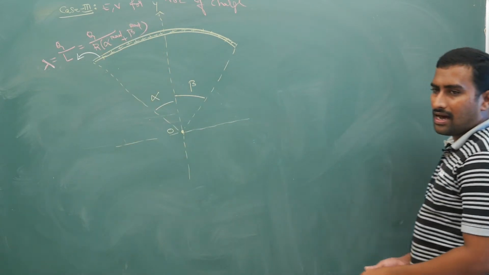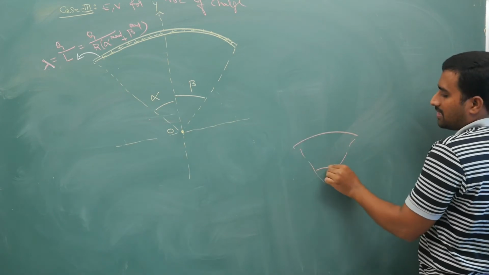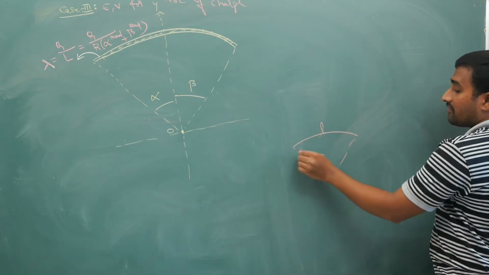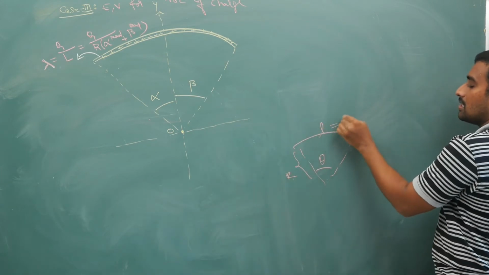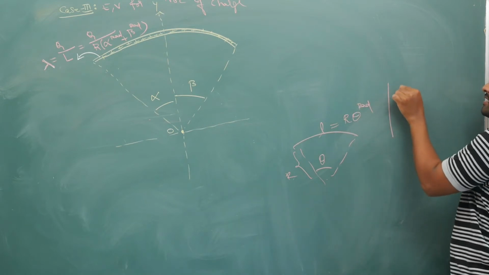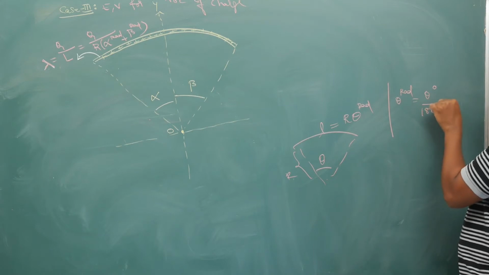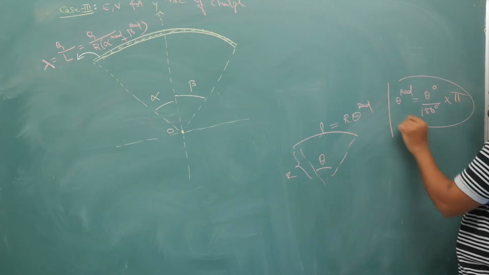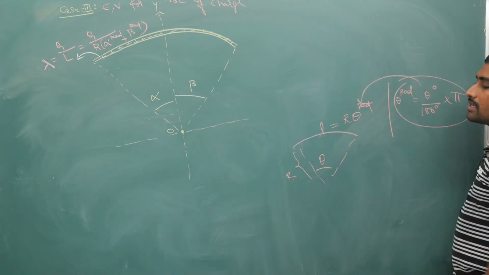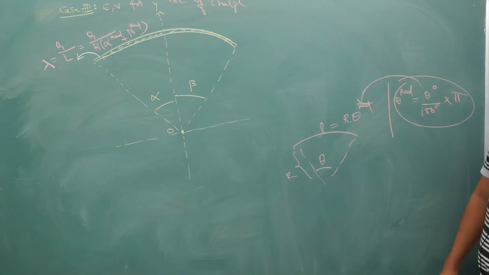In maths, you must have studied in circles, if this angle is theta, your length of arc is L equal to R times theta in radians. Theta in radians is theta in degrees by 180 degrees into pi. Substitute it: full circle 360 degrees is 2 pi, so you will get 2 pi r.